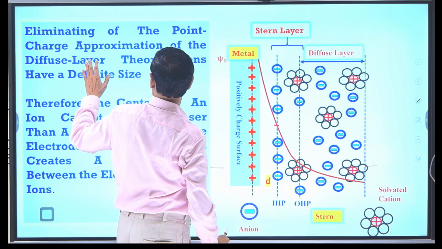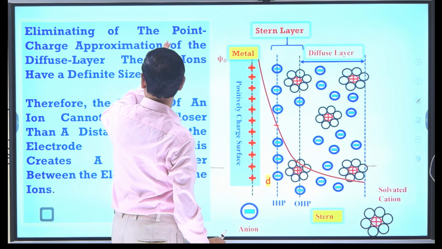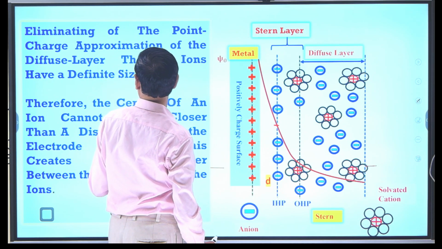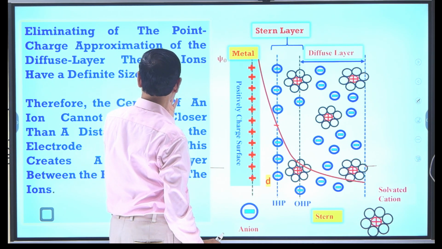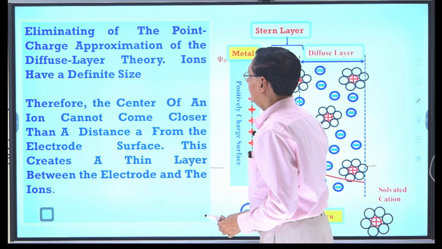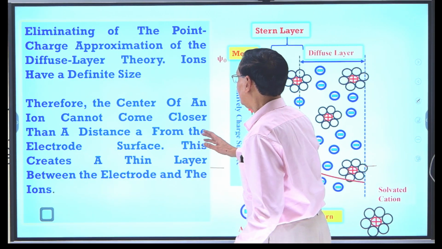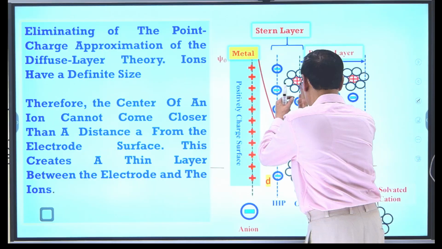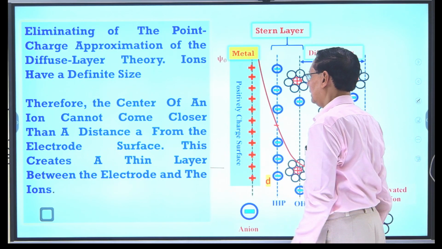So eliminating the point charge approximation of the diffuse layer theory, ions have a different size. First assumption. Second, that the center of an ion cannot come closer to a distance. Maybe some electrostatic things and other things.